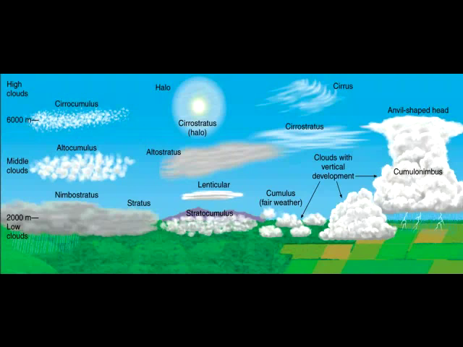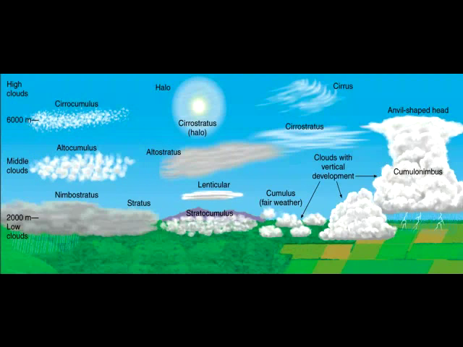Today's classification depends on the appearance and the height of the clouds. Examples for high clouds with a base above 6,000 meters are cirrus, cirrostratus, or cirrocumulus. Examples for middle clouds with a base between 2,000 and 6,000 meters are altostratus or altocumulus.